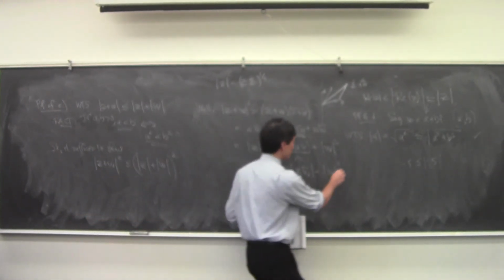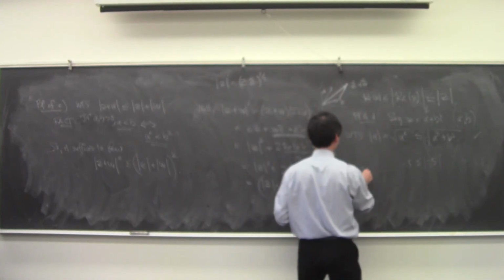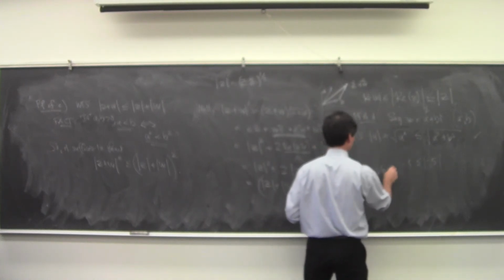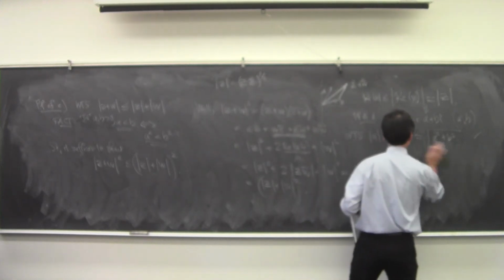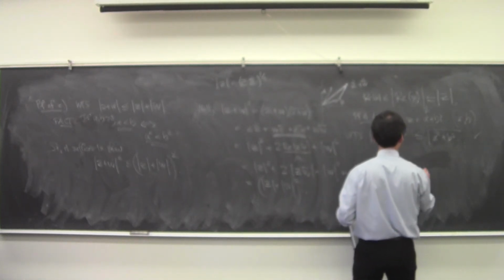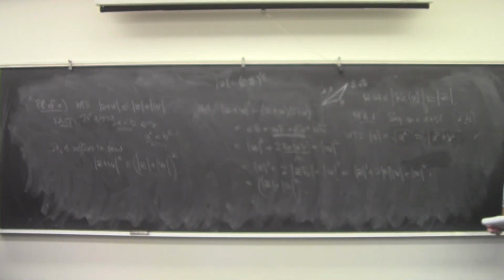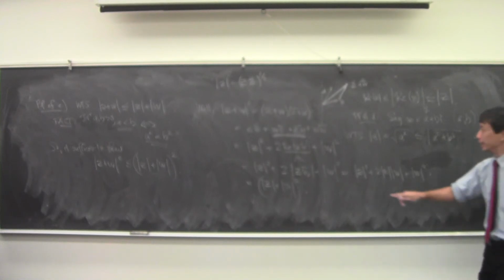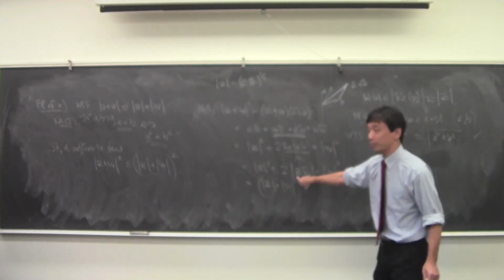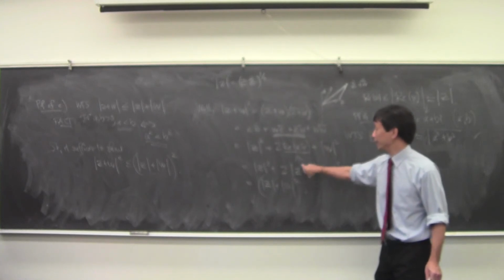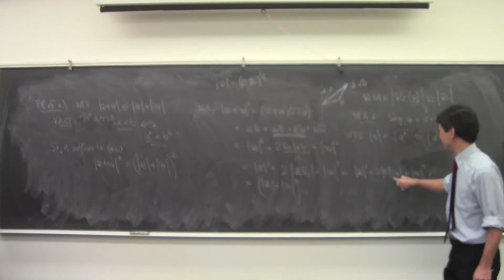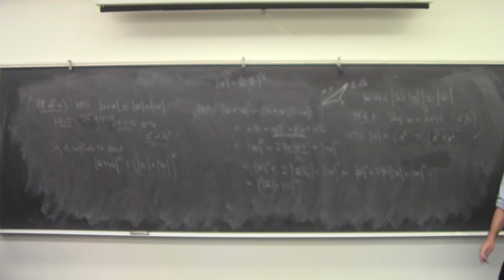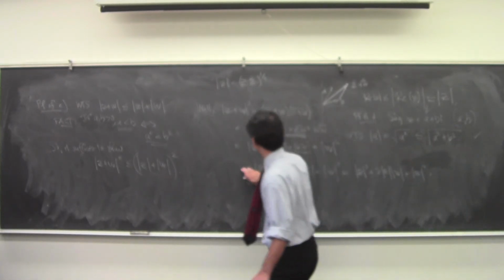Right, because I can split those up: the absolute value of the product, and the absolute value of the complex conjugate is the same thing as the absolute value. Eric? Shouldn't it be less than or equal to? Yeah. Thank you.